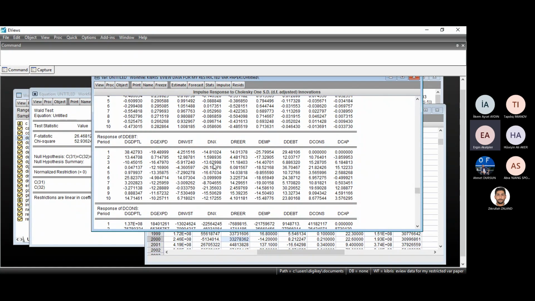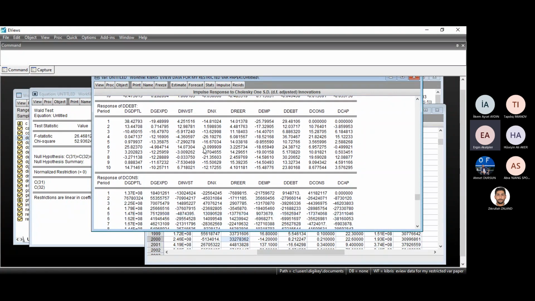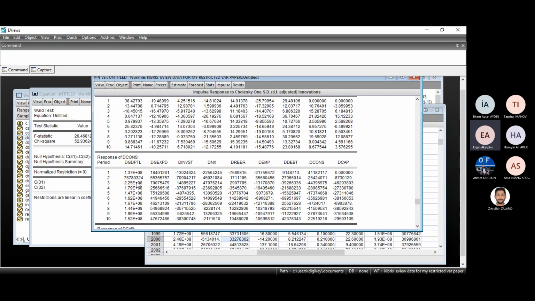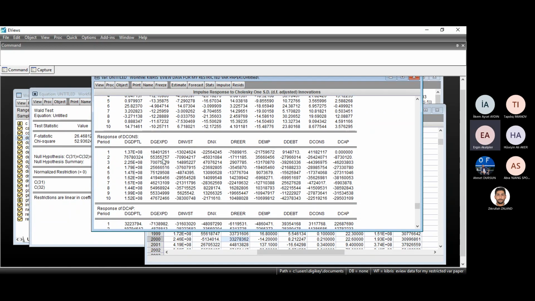Investment is negative, NX is negative, real effective exchange rate similarly positive, employment negative, public debt positive, consumption positive, and capital positive. For the debt it is the same. And for the consumption here, the GDP is positive again, governmental expenditure positive, investment negative, NX negative, exchange rate negative, employment negative, public debt negative, consumption the same, and capital is negative.